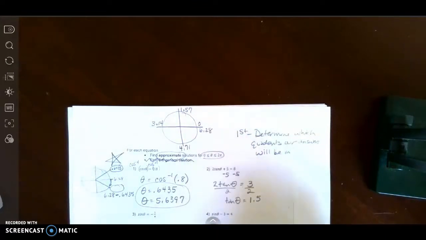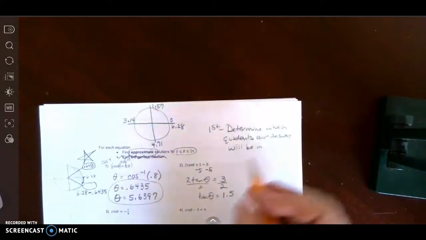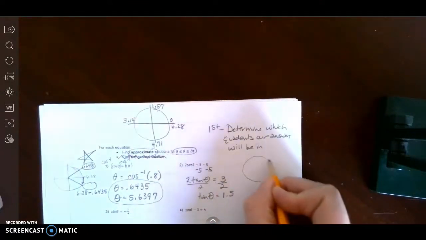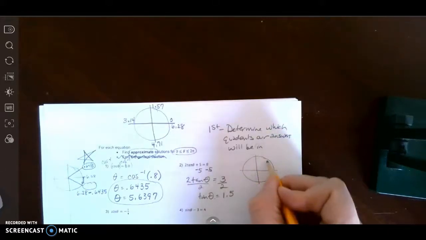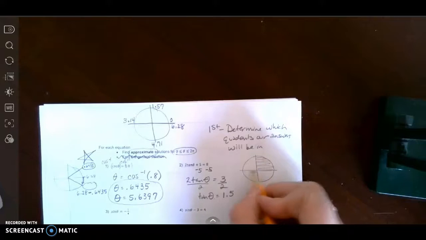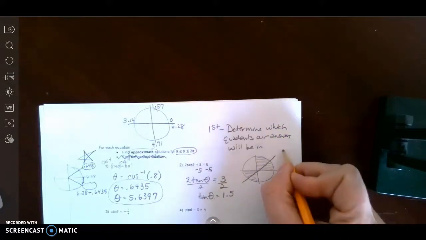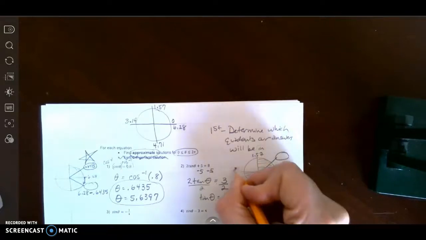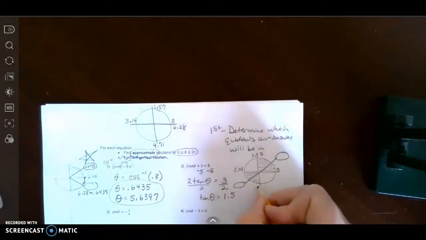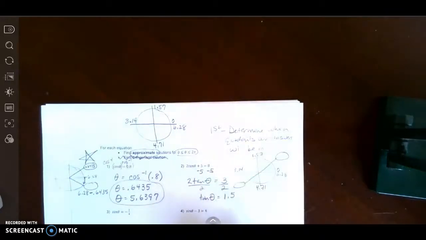As soon as I'm at this point, tangent is positive. Where is tangent positive? That would be in this quadrant and this quadrant. So 0, 1.57, 3.14, 4.71, 6.28.